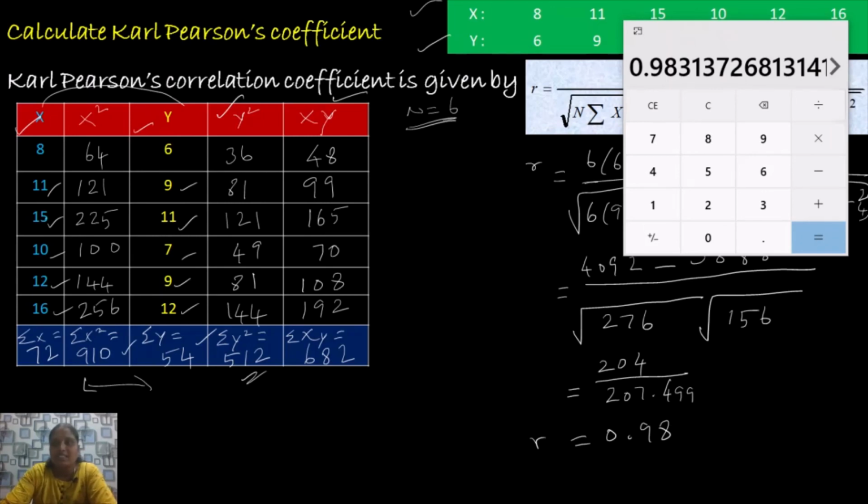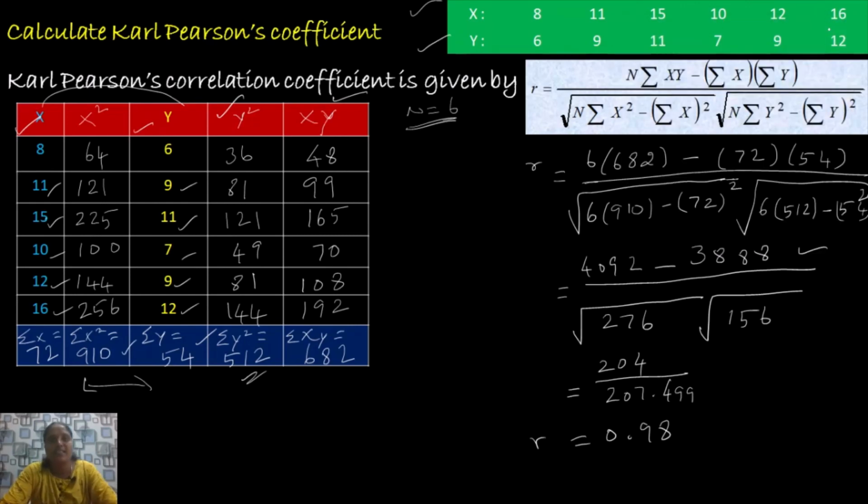So based on this value, our interpretation about the coefficient of correlation between the two given variables x and y is that there exists a high positive correlation between the two variables.